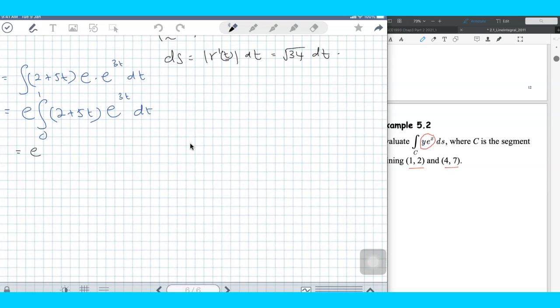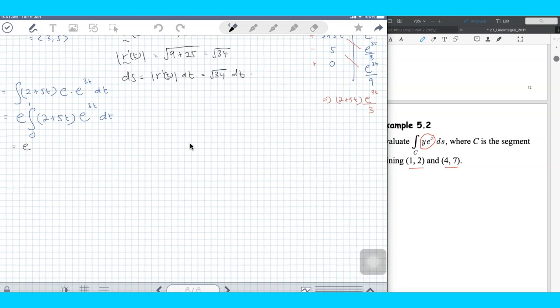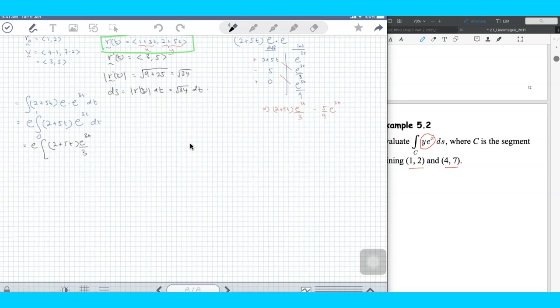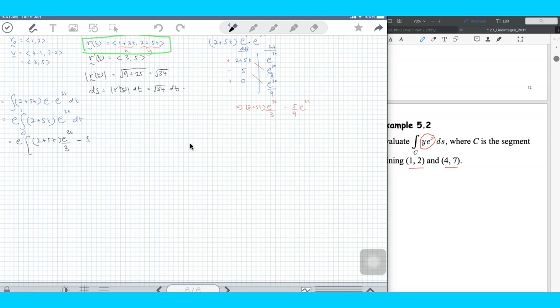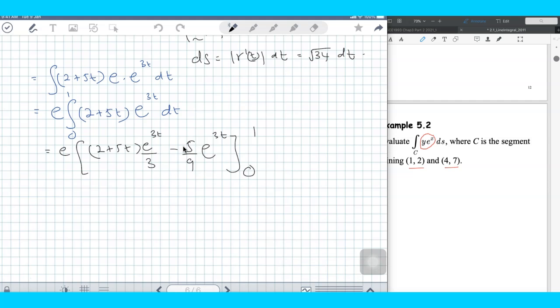So e to the 1, and just copy the answer: (2 plus 5t) e to the 3t over 3 minus 5 over 9 e to the 3t, from t equals 0 to 1. Okay, and then we evaluate that.